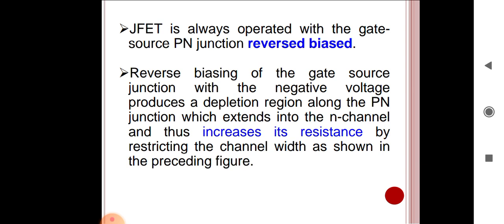Then the structure of n-channel JFET. The structure of n-channel JFET consists of a semiconductor bar of n-type material, and ohmic contacts are made to two ends of the bar.